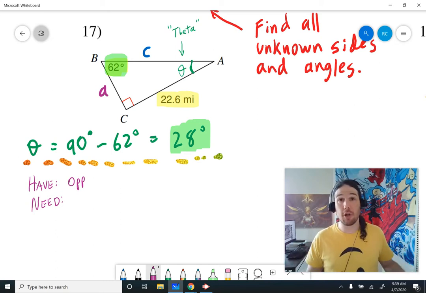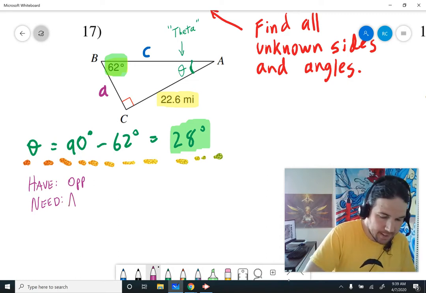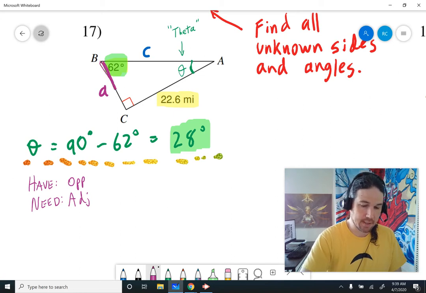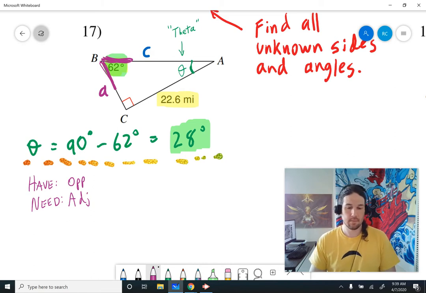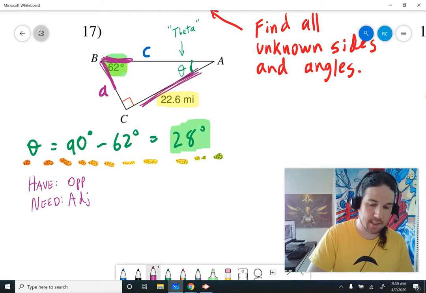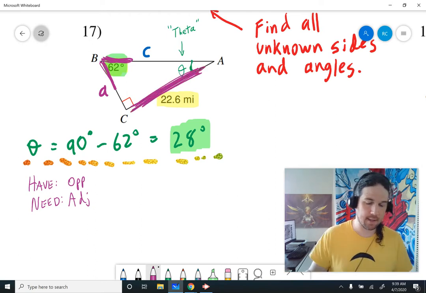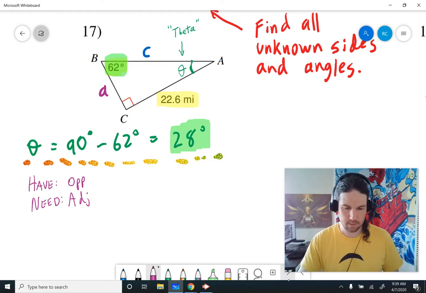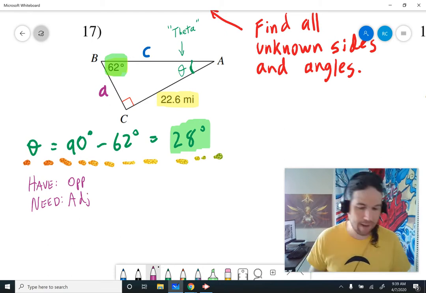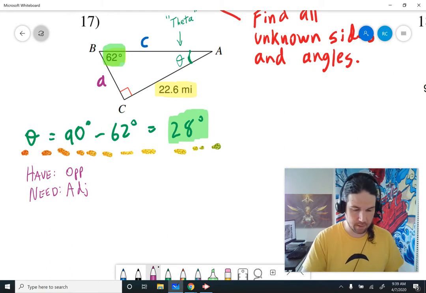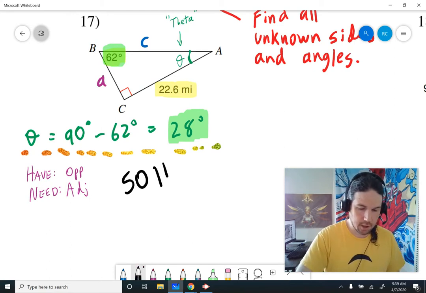Well, if we're solving for A, then A is the adjacent leg. I can tell this is the adjacent leg because it is the leg that is part of the 62-degree angle. The 22.6 miles has to be opposite because it is not touching that angle. It is maintaining its social distance. Okay, so we have the opposite, we need the adjacent. Oh man, I haven't written this in a minute. SOHCAHTOA.